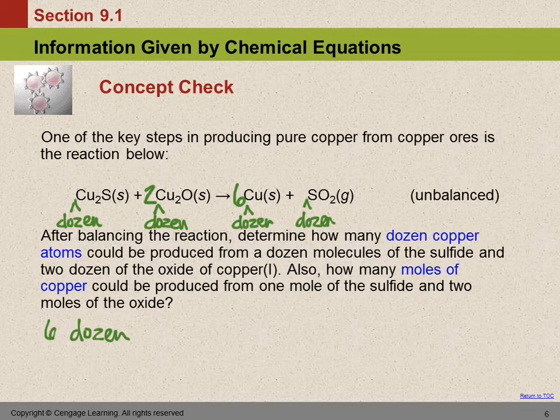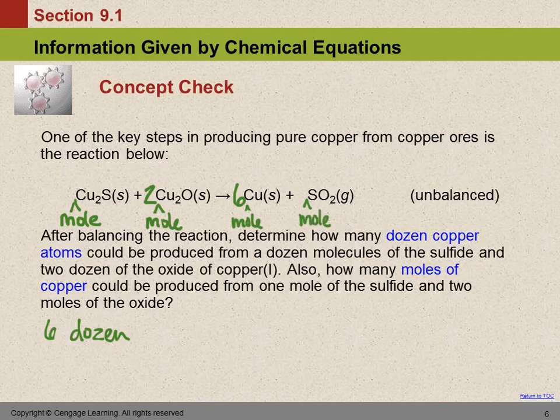And then it goes on, also how many moles of copper could be produced from 1 mole of the sulfide and 2 moles of the oxide? Well, mole is a chemist's dozen. So we could say that 1 mole of that reacts with 2 moles of that to make 6 moles and 1 mole.